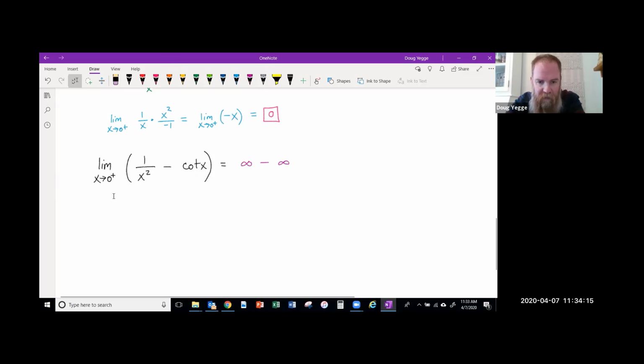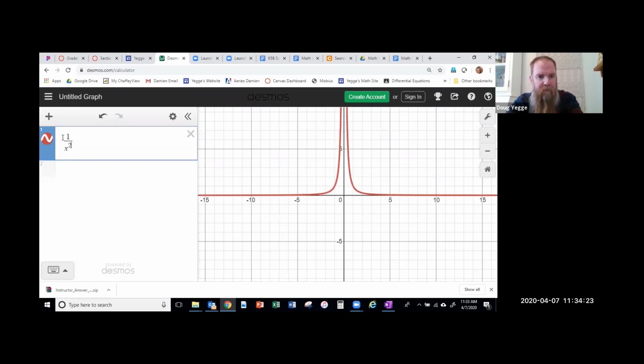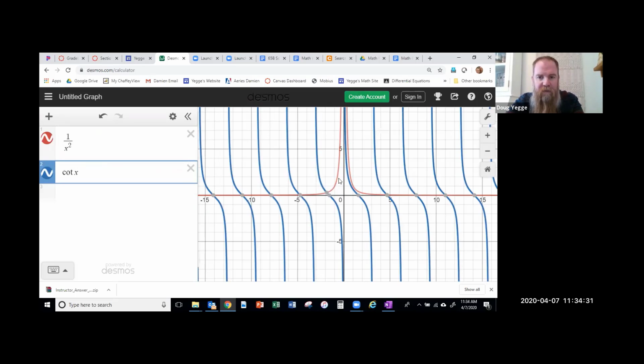So I'd like you to take a look at what's going on here on Desmos. If you look at 1 over x squared, on the right side, you can see that it's shooting up to infinity. If you look at cotangent x, you can see, sure enough, on the right side, it's also shooting up to infinity.